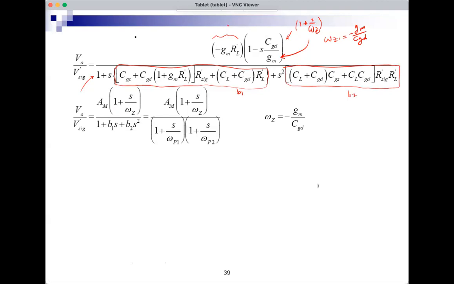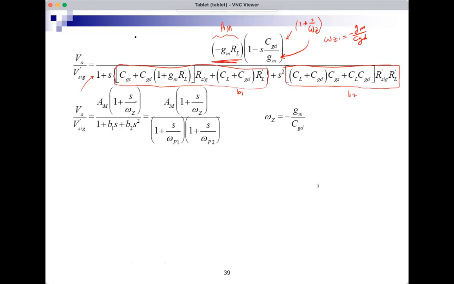So this indeed is AM, the low frequency gain, because I have 1 plus B1S plus B2S squared, and I have 1 plus S over omega Z. So if S goes to 0, this becomes 1, and this becomes 1, and the gain becomes AM. And therefore, AM must be the low frequency gain, and it's minus GM R prime L. So this is the low frequency gain.